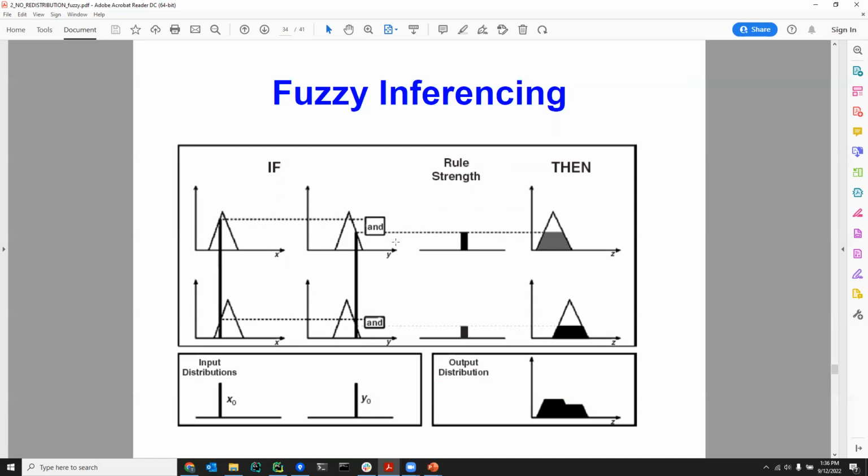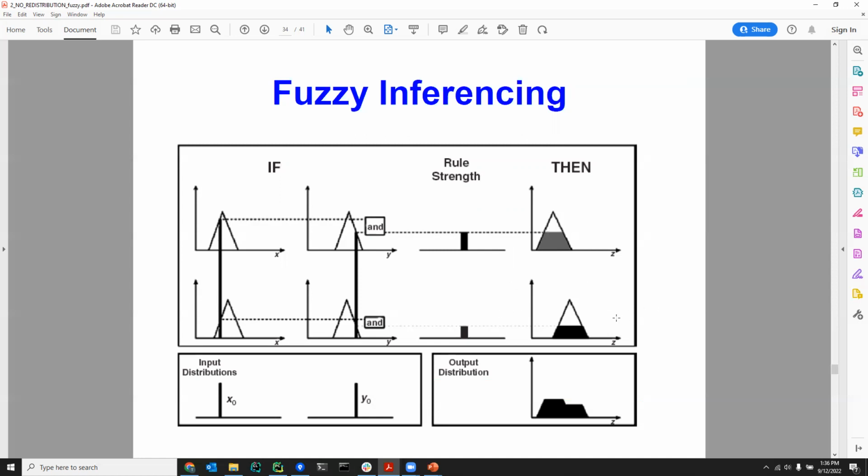And remember that it's the minimum because that is the logical operation for conjunction in fuzzy logic. It's one of the options at least. And so we'll take the minimum. That value is then the strength of that rule, and that affects the output membership function. In this case, we're truncating the output membership function at that point. And so we get this contribution from that output membership function.